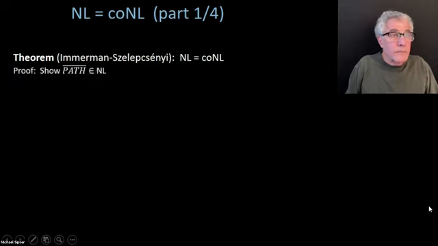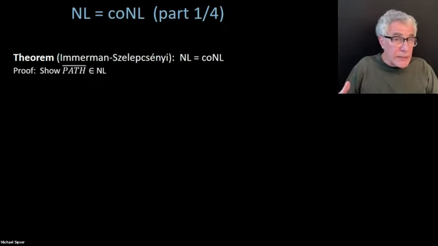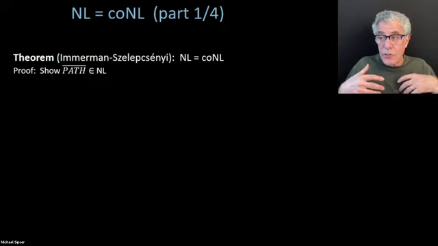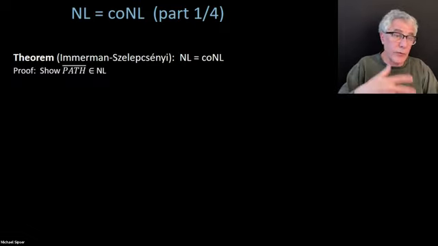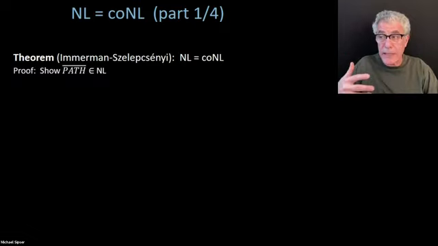First of all, the way we're going to solve this is by showing that the complement of path is solvable in NL. Path is complete for NL, so the complement is complete for coNL. By putting that problem in NL, all of coNL will be reducible to problems in NL.